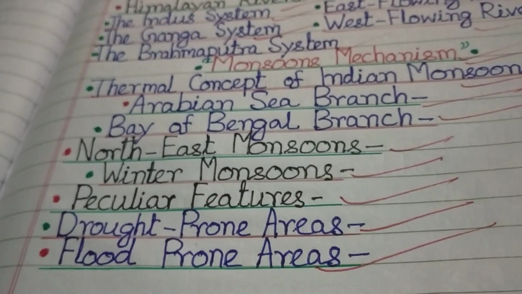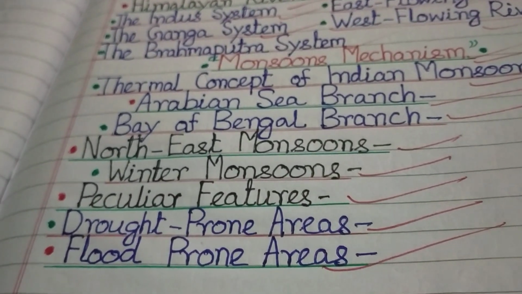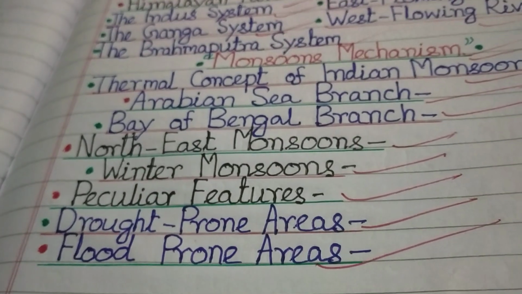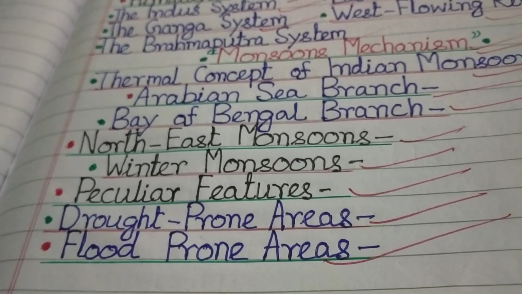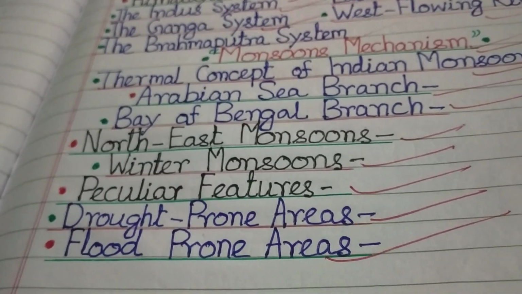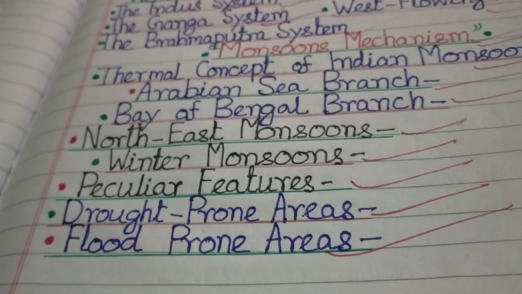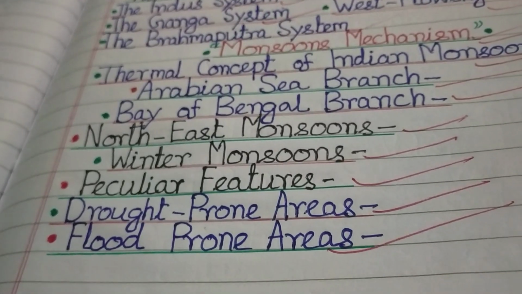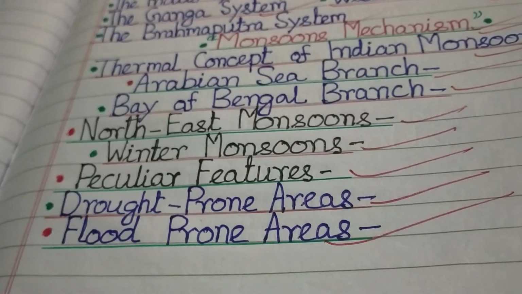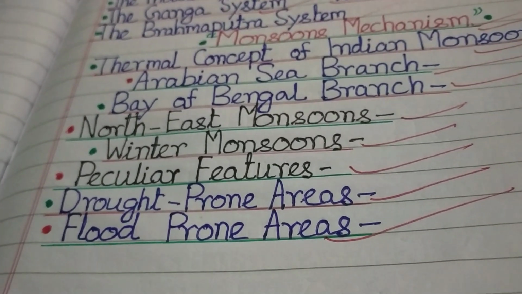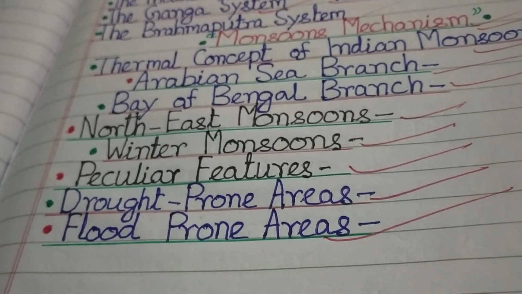On an average, 1 in every 5 years is a drought year. The drought-prone area includes the rectangle formed by the lines from South Saurashtra coast to Kanpur, then to Jalandhar, almost 6 lakh kilometers.